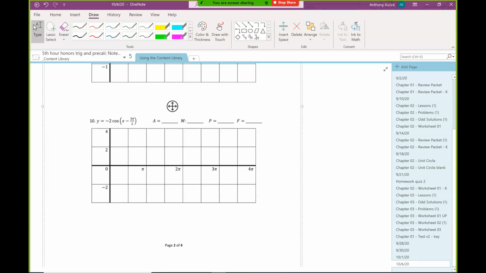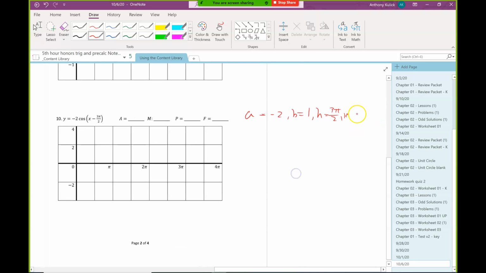Okay. So let's just generate the transform coordinates for this real quick, and then we'll talk about how to plot those and extend the graph. Sound good? Okay. So I would start by just listing my values for A, B, H, and K, because I'm going to use those to create my transformation map.